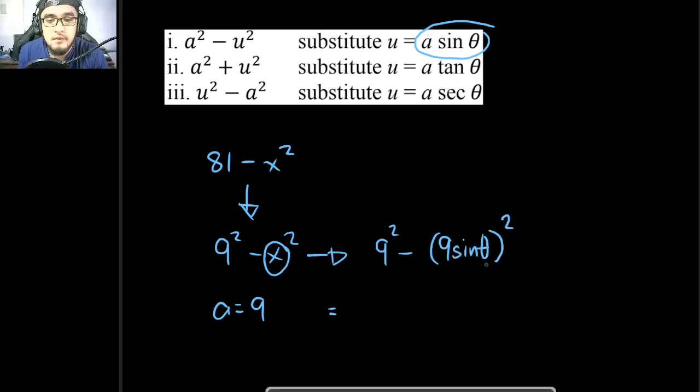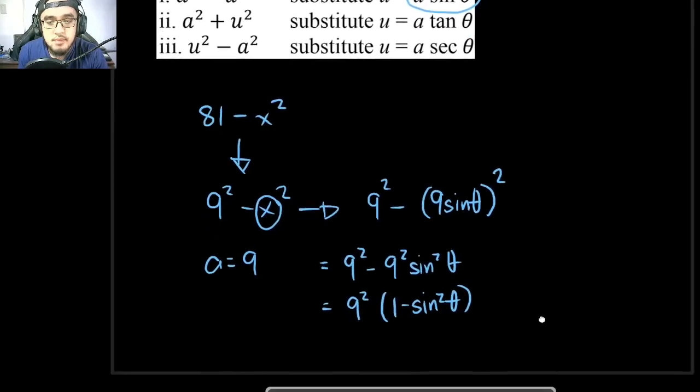We can simplify this further. So 9 squared minus 9 squared sine squared theta. Factoring out 9 squared, this becomes 9 squared times 1 minus sine squared theta. So this is your equation.